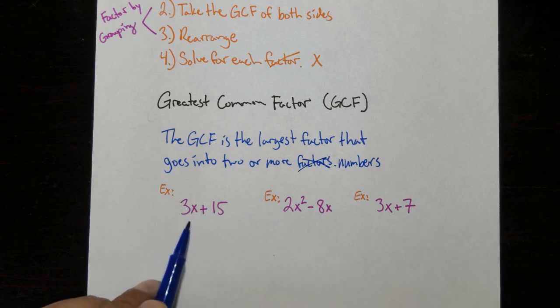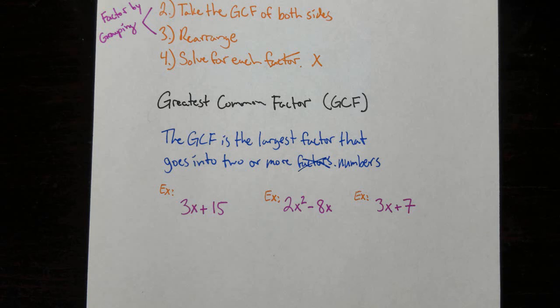So let's say that I want to find the greatest common factor of 3x plus 15. Well, when I take the greatest common factor, I like to think of three things. I like to think, okay, the sign. What kind of signs do I have? And then what kind of numbers am I looking at, and then what are my variables.